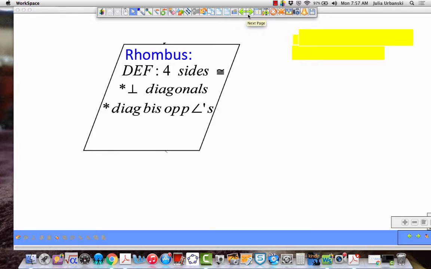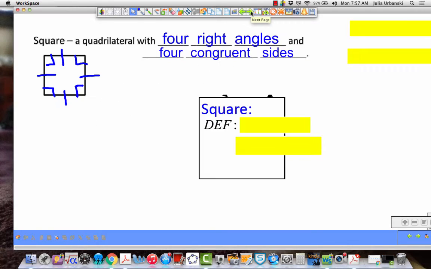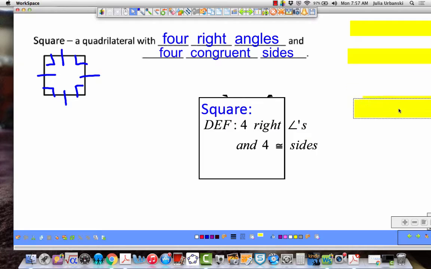The last one is the square. Go ahead and locate the square and write the word square. And think about the definition. What makes a square a square? Yep, both of those are equally true. There's no special properties to a square.